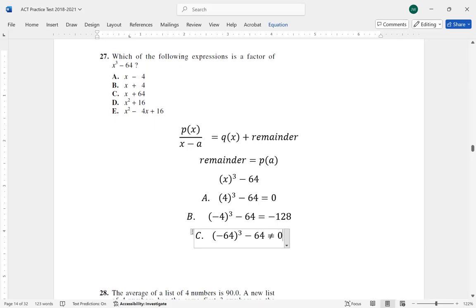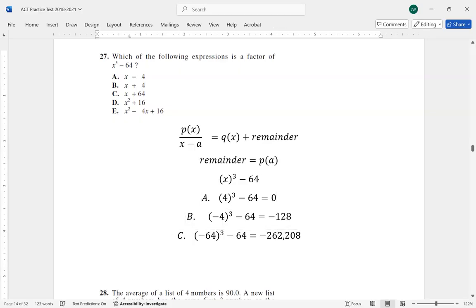So I don't get a nice 0 remainder there either. By the way, that's a really big number, like -262,208. Okay, so obviously that doesn't work either. So option A is the correct answer.